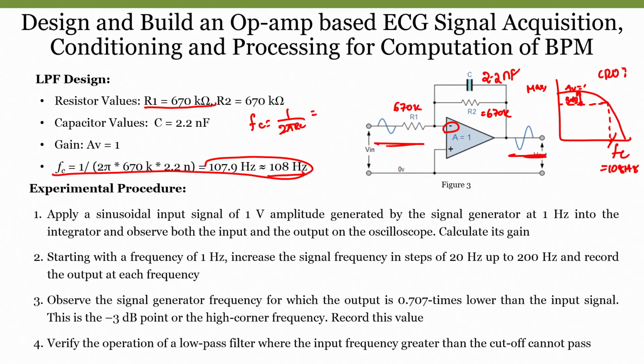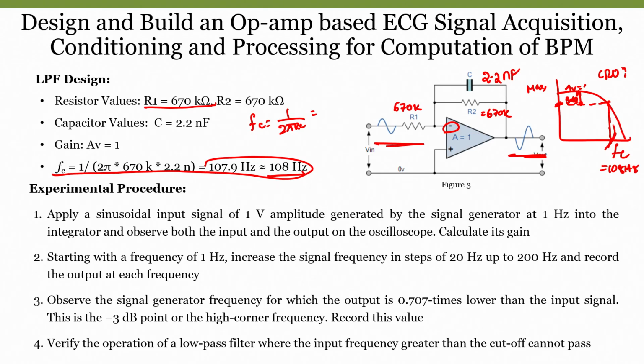Since the gain is 1, we will get an output of 1 volt. Now, we slowly increase the frequency and observe the change in amplitude. Whenever we see the 3 dB line, which is 0.707 times the input signal, that is our 3 dB point, and from that point the output voltage keeps on decreasing. That frequency is our cutoff frequency.